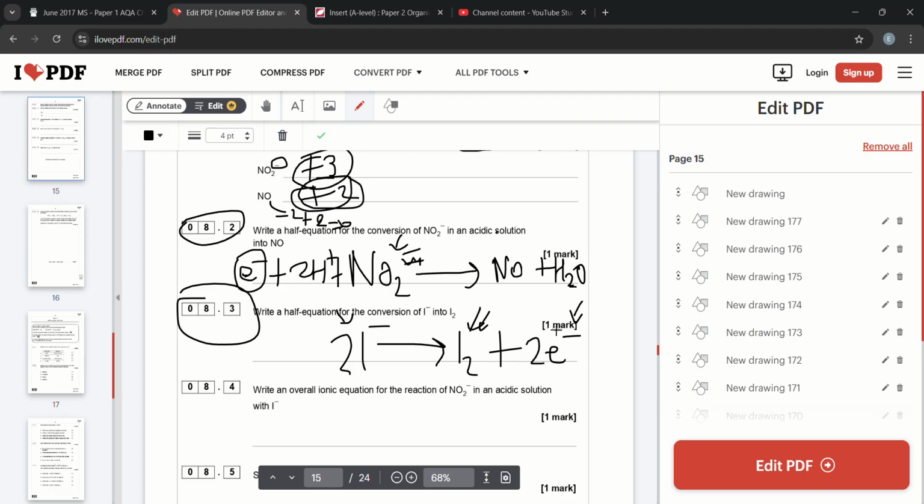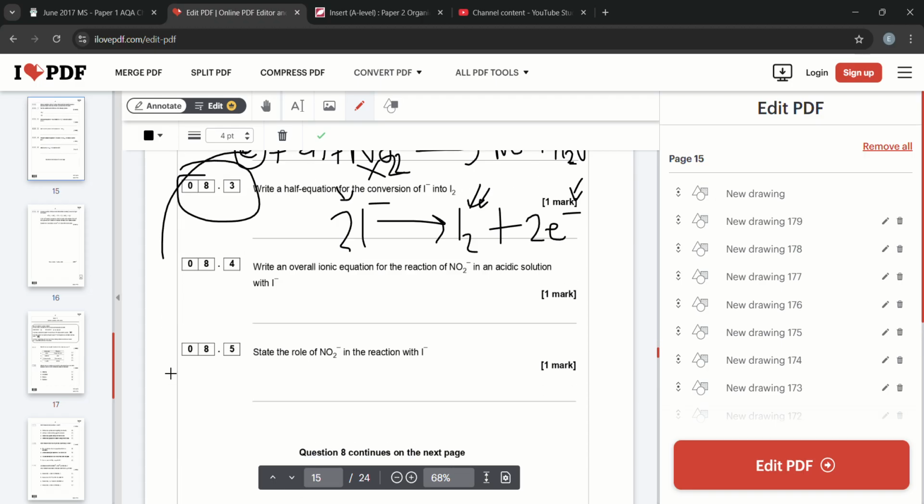Because we want to get rid of the electrons, we have to times the first equation by 2. So let's do that. We times this whole thing by 2.